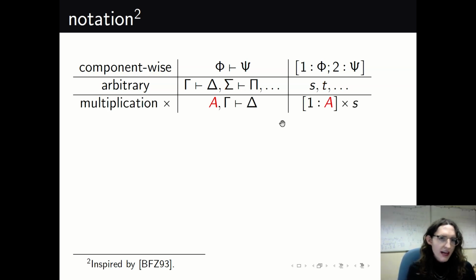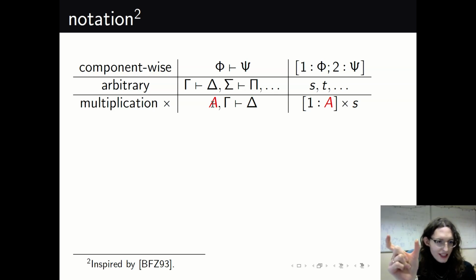And then thirdly, we have a device of combining those two notations, which is sequent multiplication. And the way you can think of this is as just writing on each component what's in each of the sequents. So if we have A, comma gamma in one sequent, we could be writing first component A, comma gamma, and then second component delta, or we could just be writing gamma implies delta as an arbitrary sequent, so it's a lowercase s here, and then multiply that with A in the first component.